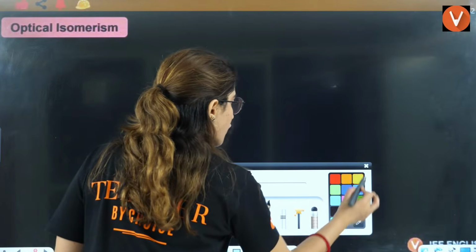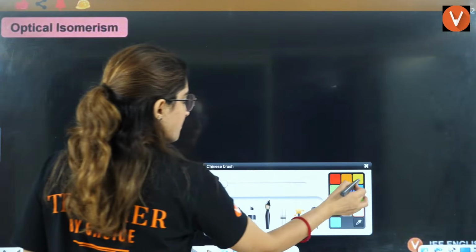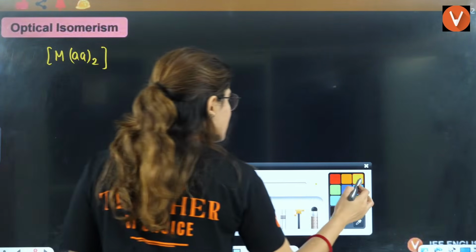Now, if I see optical isomerism, this one is for M. Let's talk about M. If you have AA twice, that means you have two bidentate ligands of same thing, right?